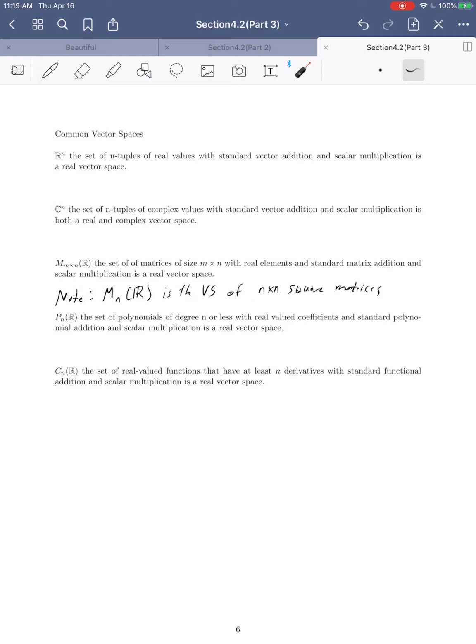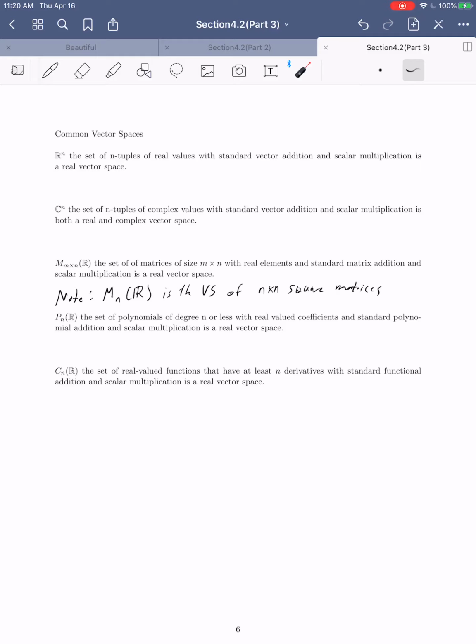So this actually is a vector space if you use the standard matrix addition and scalar multiplication. That should make sense. We know that matrix addition is commutative and associative, and we know that there's a distributive property. So all those 10 properties would hold, and we pretty much proved all of them when we did our section on matrix algebra. All right.